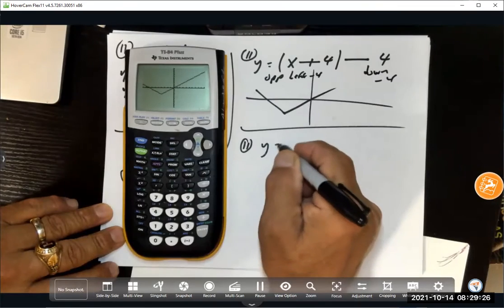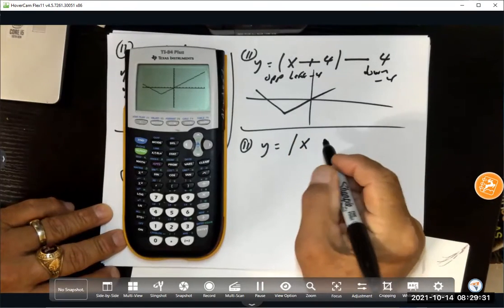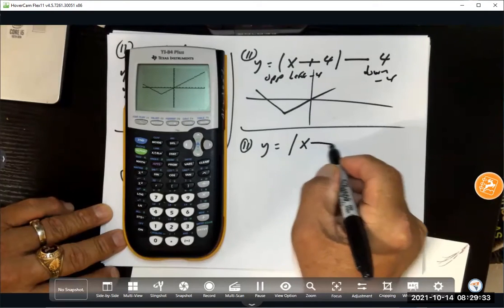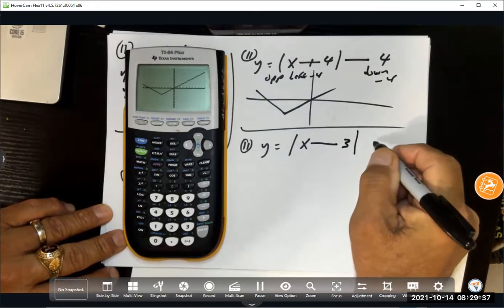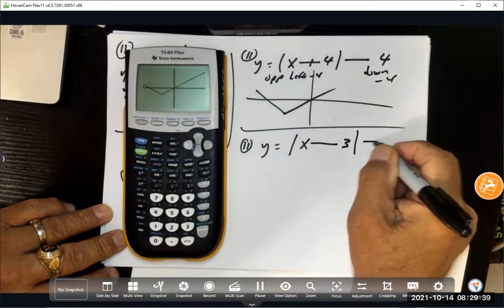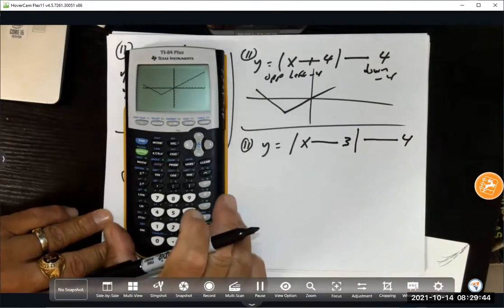Okay, let me do one more like this one here. All right, what if I do it this way? I go absolute value of x minus 3, and then you just put a -4 over here also. Yeah, put two minus signs there, big minus signs.